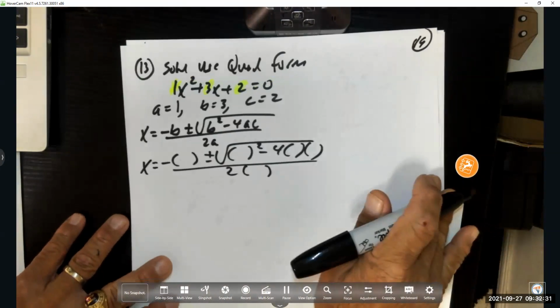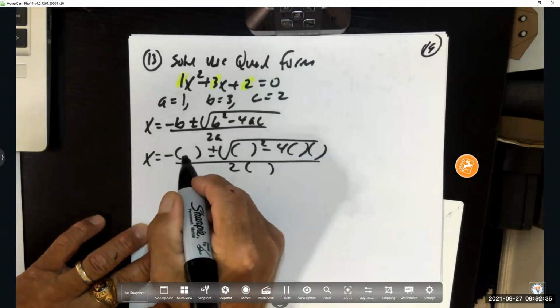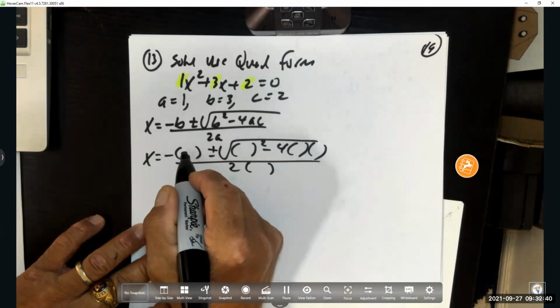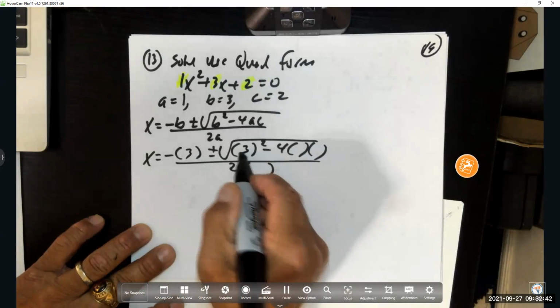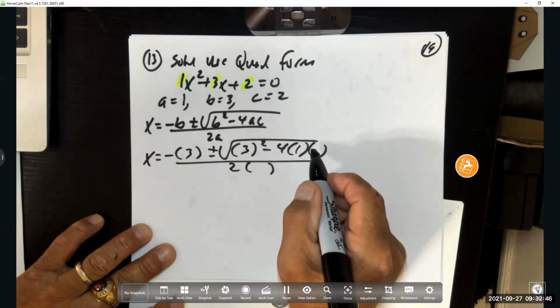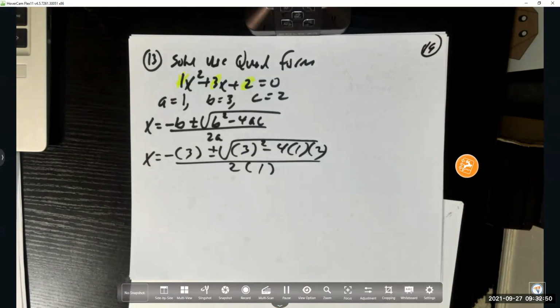What is letter B? 3. What's A? 1. And C is 2. Are those numbers okay?